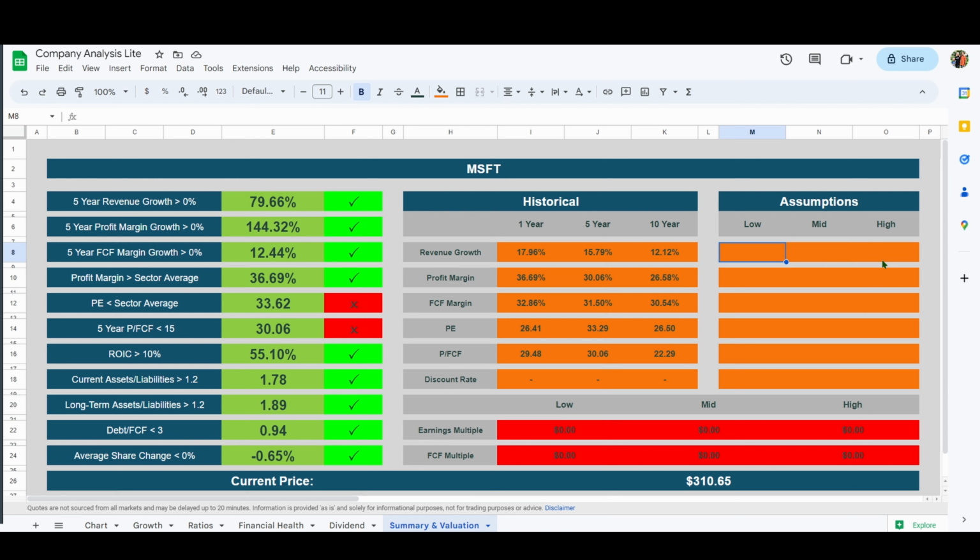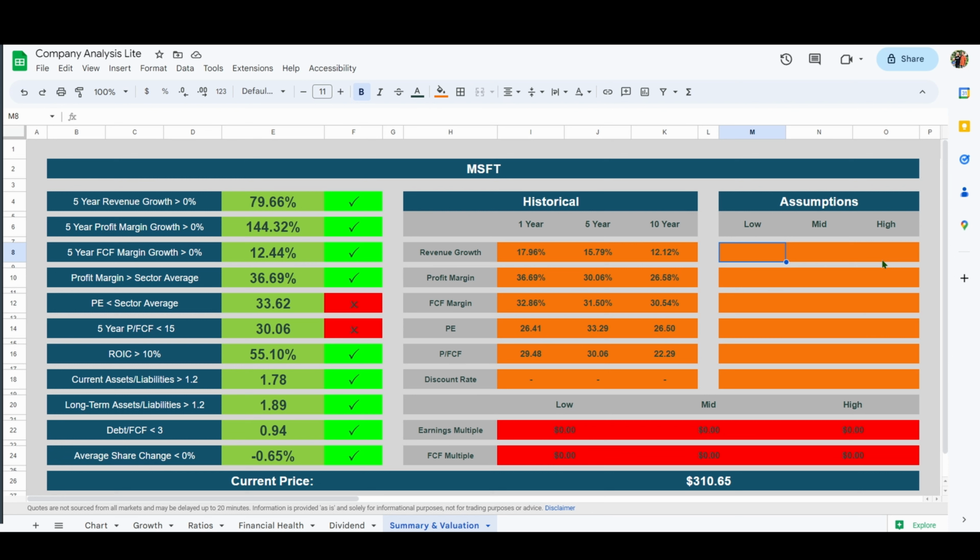Now, this is where you want to estimate the future growth of the company. Now, you need to be extremely conservative when it comes to this because the hardest part of analyzing a company is actually knowing what it is going to do in the future.